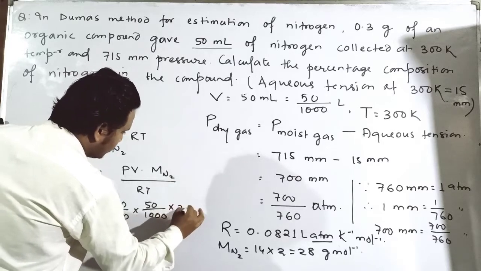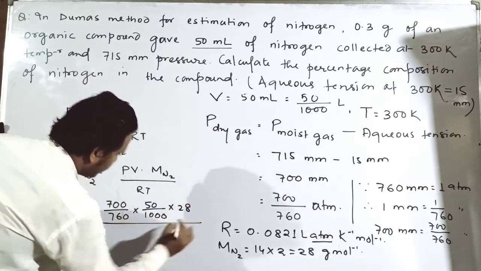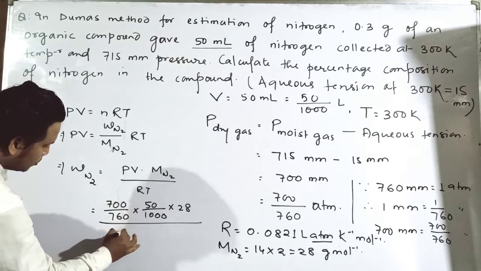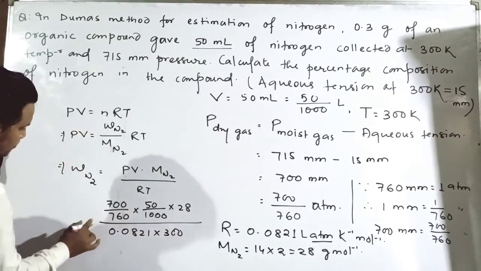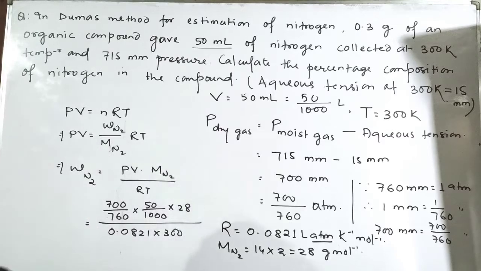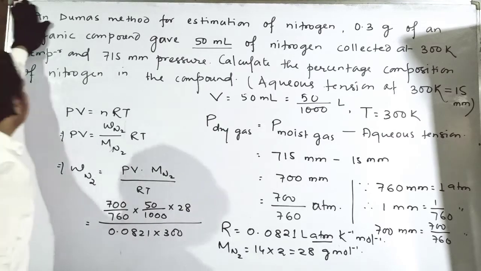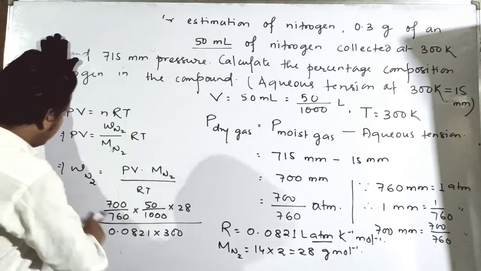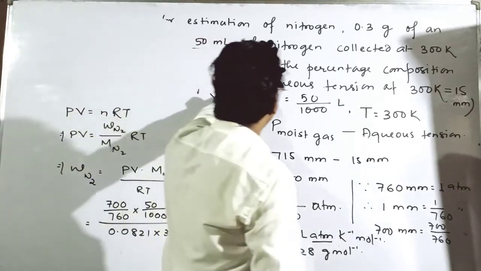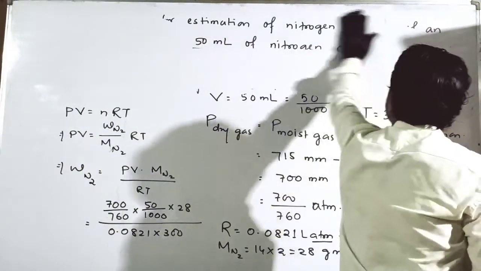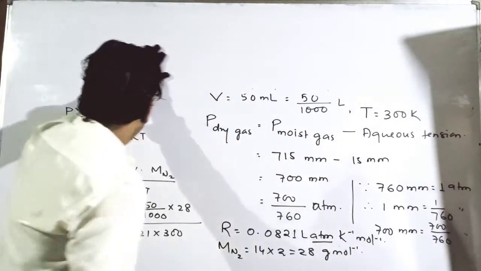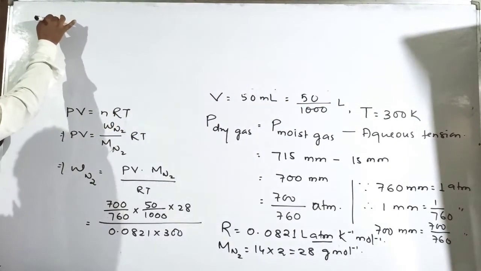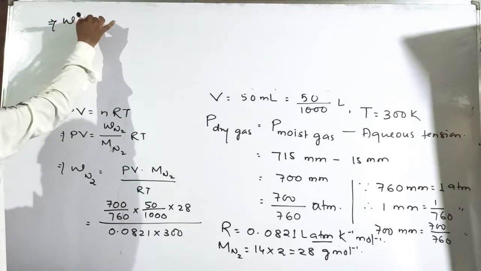Molecular mass of N2 is 28, divided by R, 0.0821, T 300. Now simplify it. After simplification, we will get the given mass of N2. So this implies given mass of N2 will be how much?